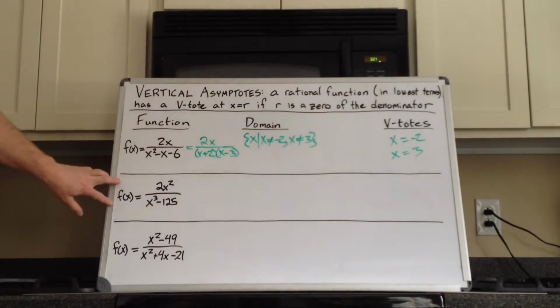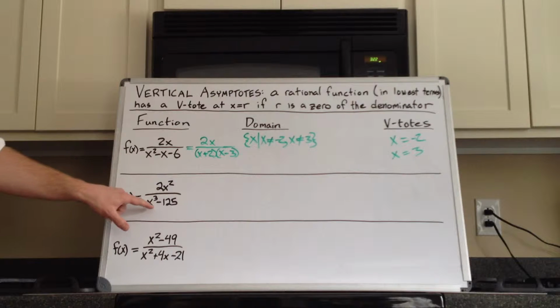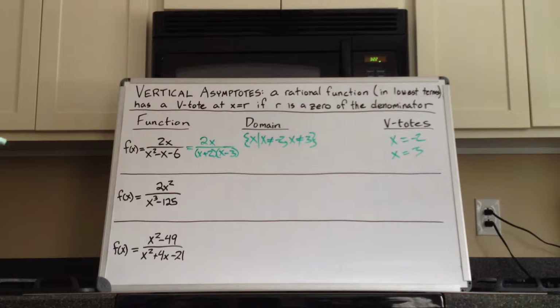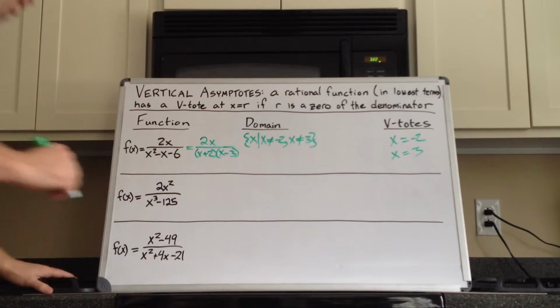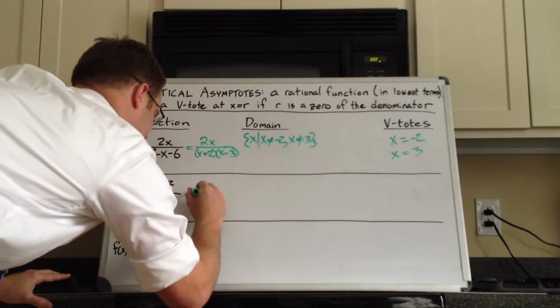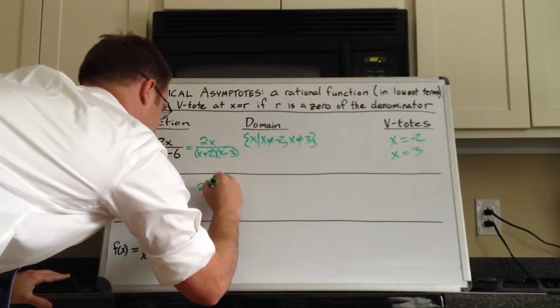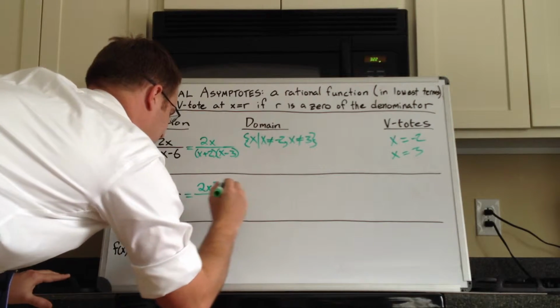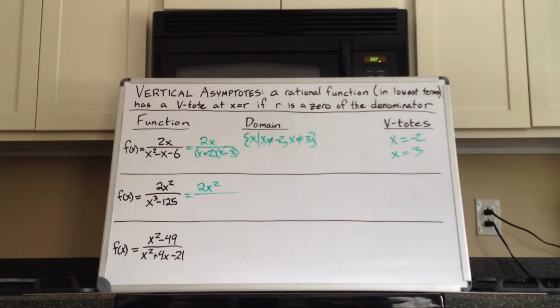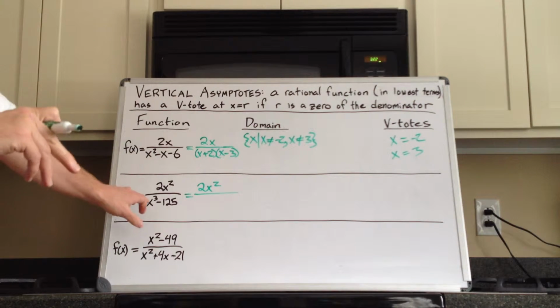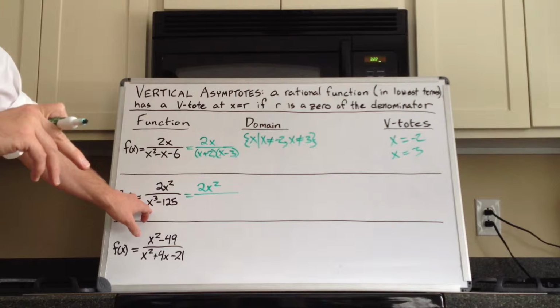Okay, next function here is 2x squared over x cubed minus 125. So the top, again, we can't factor at all, so we're going to leave it the same, 2x squared. And the bottom, you might not remember how to do this, but the difference of two perfect cubes, we have a subtraction sign, so it's difference, and these are both perfect cubes.